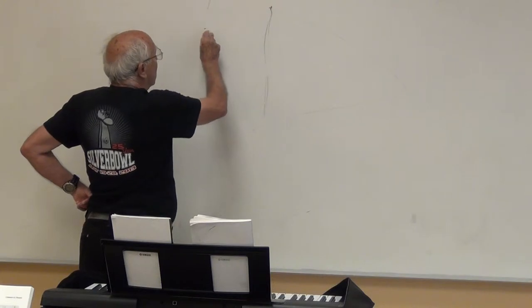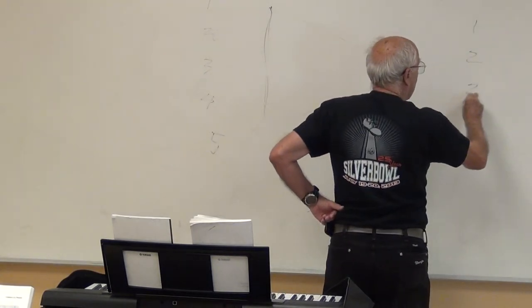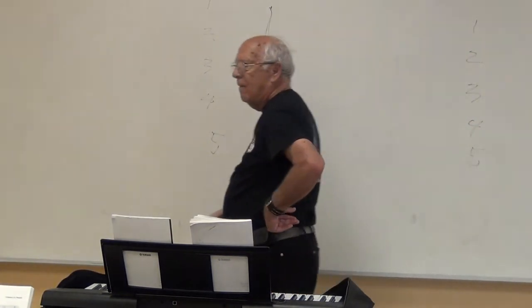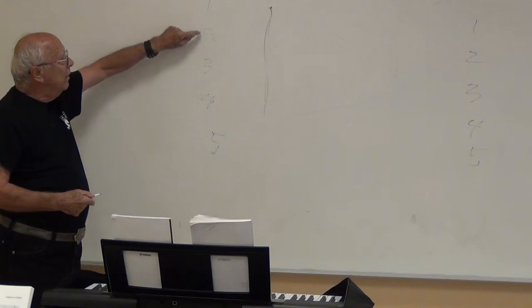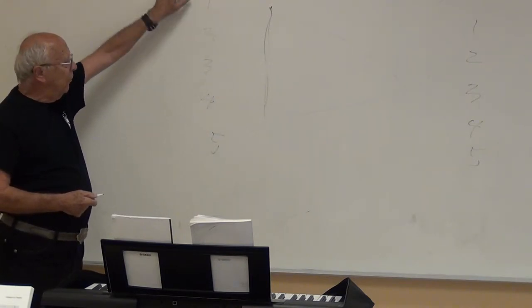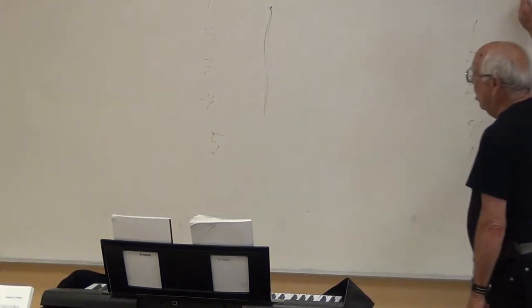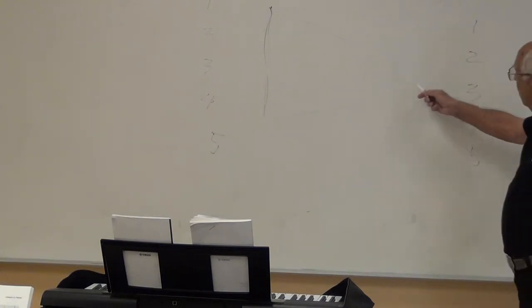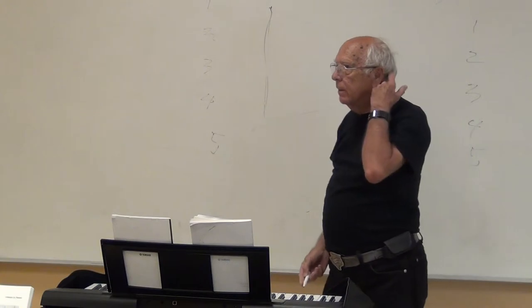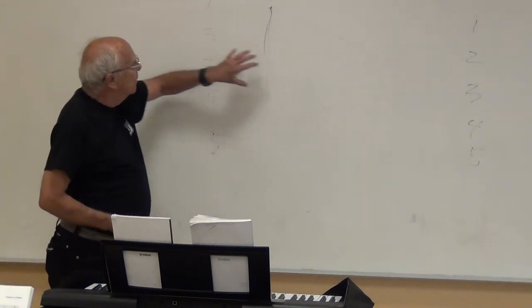Now you do this. 1, 2, 3, 4, 5. 1 flat, 2 flats, 3 flats, 4 flats, 5 flats. 1 sharp, 2 sharps, 3 sharps, 4 sharps, 5 sharps. Those are steps. Step 1, step 2.